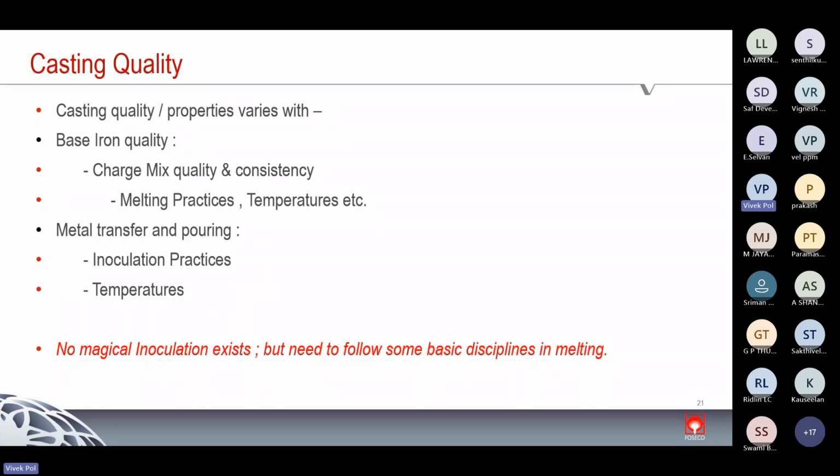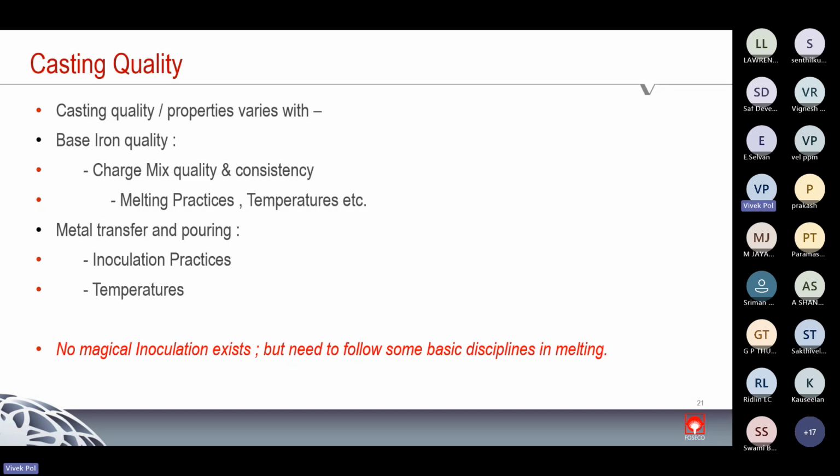After getting the desired tapping temperature, if we are still holding the furnace, that is also not good, because it deteriorates metal quality. It kills the nucleation level, and because of the low nucleation level we may end up with chilling tendency as well as porosity.